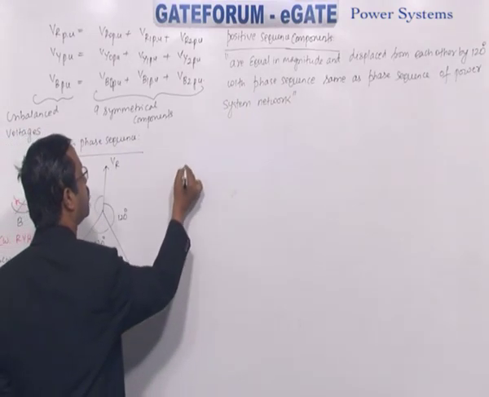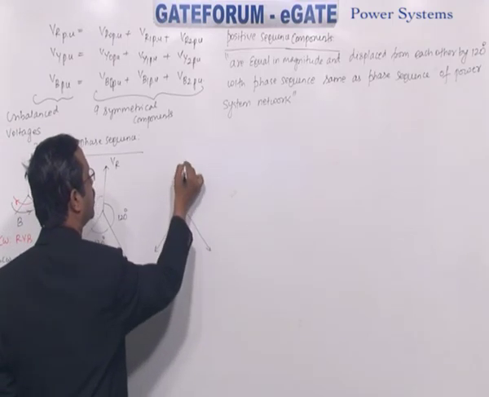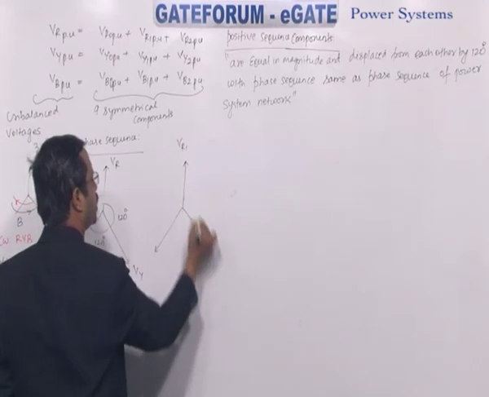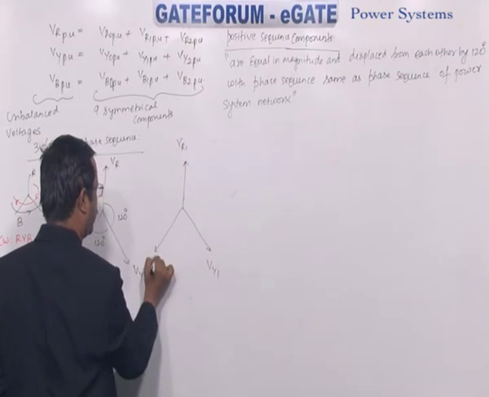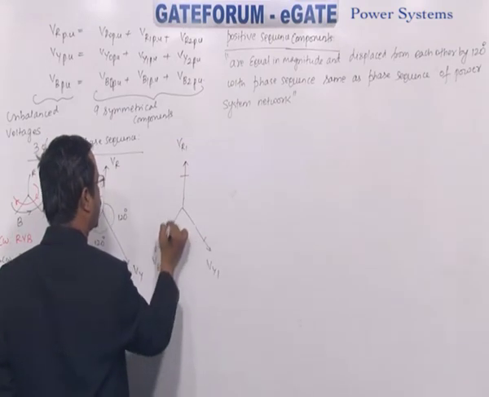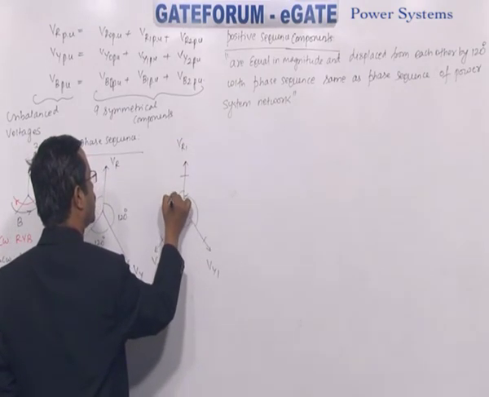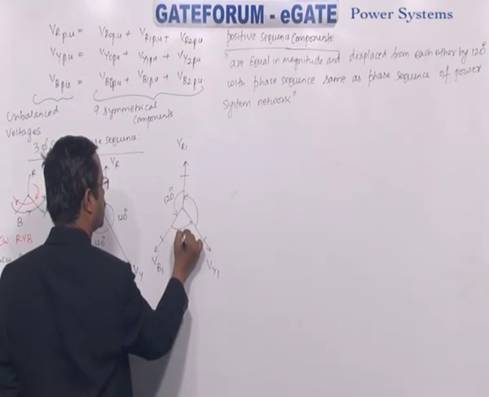So how to represent now? VR1, Vy1, Vb1. So all these are equal in magnitude, displaced from each other by 120 degrees.